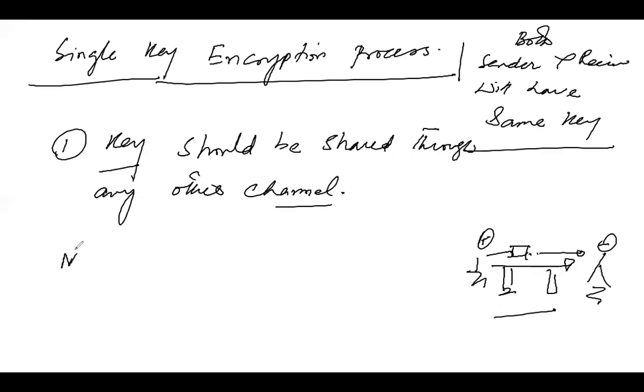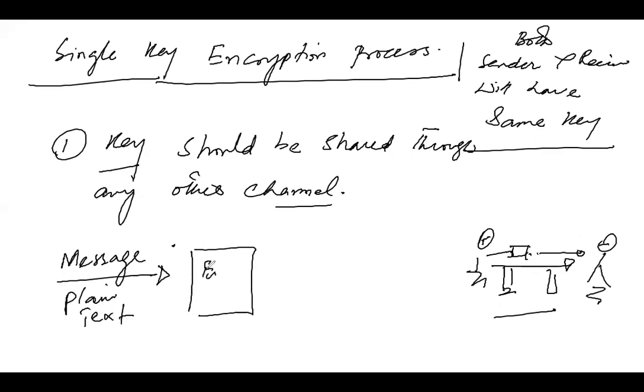Another one is you have a message, that is the original message. It will be in the form of plain text. And when you pass it through the encryption key, then it will be converted into ciphertext. So then the system will be used.